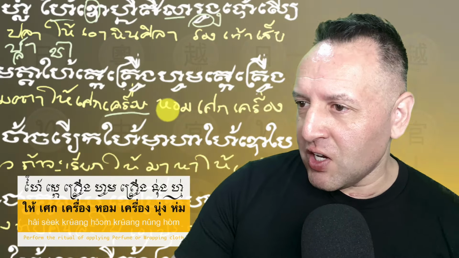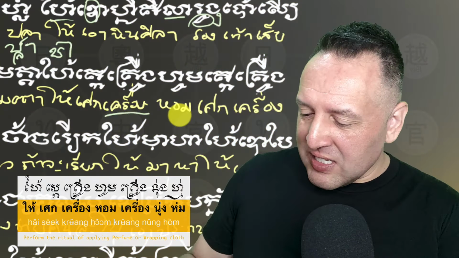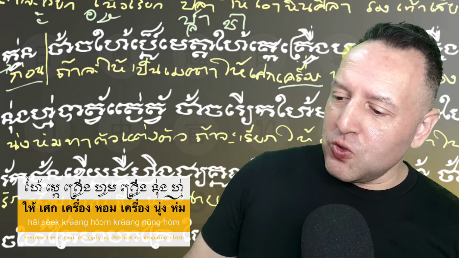Keung is an interesting word meaning machine or some kind of device. Keung hom. So you take perfume or something fragrant, or sek keung nung, so or some kind of cloth that you wear on yourself. That would be the nung hom. So hom like a pahom, a blanket, something that you put around yourself.